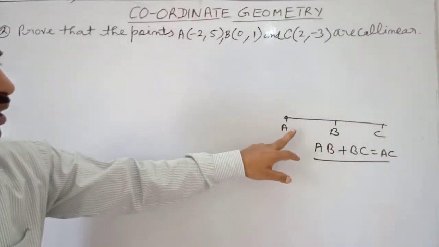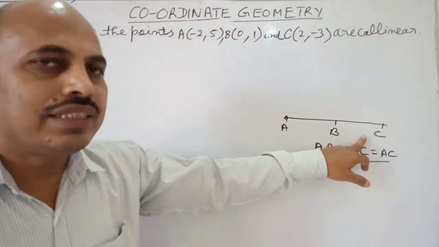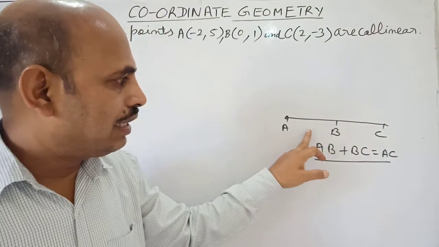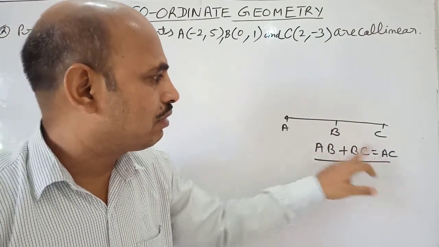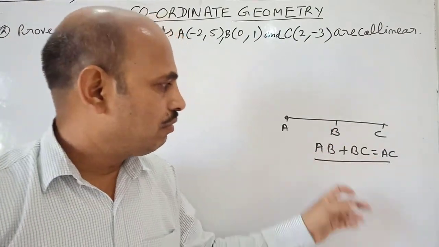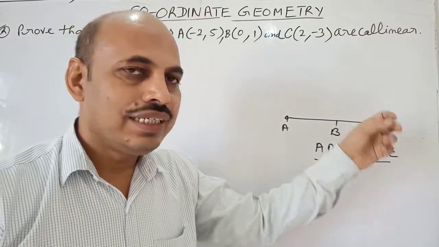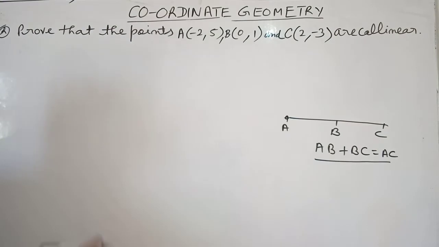If 3 points A, B and C are collinear, then we have to prove that AB plus BC equals AC. So we will find AB, BC and AC in this question.